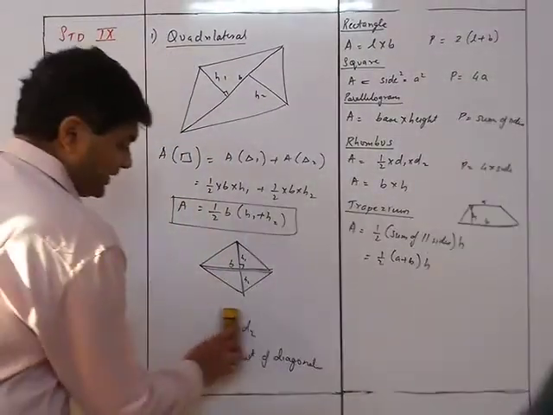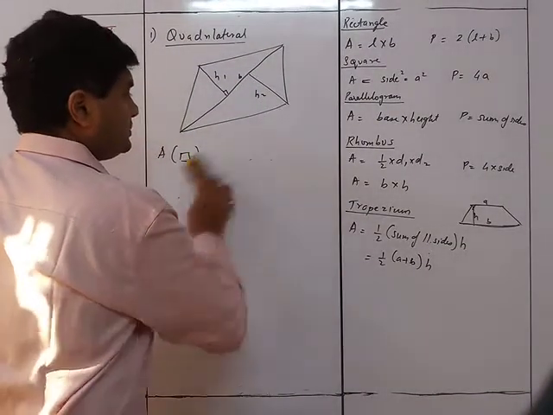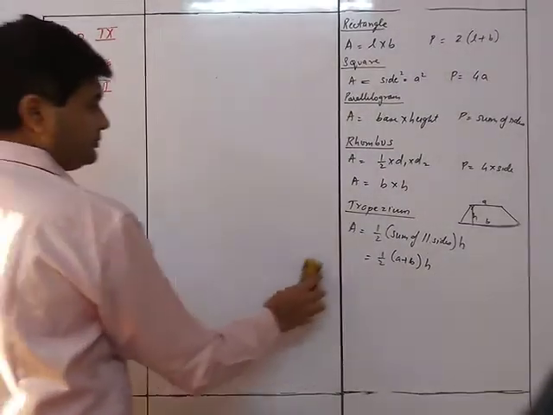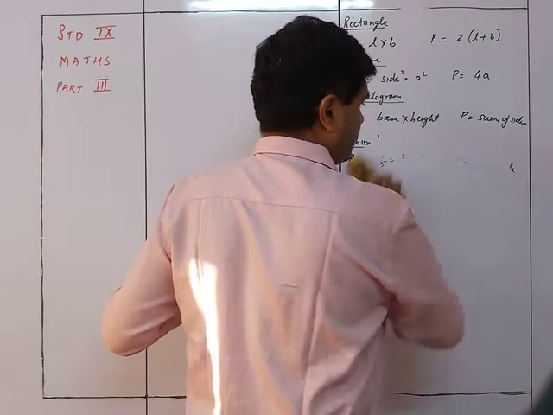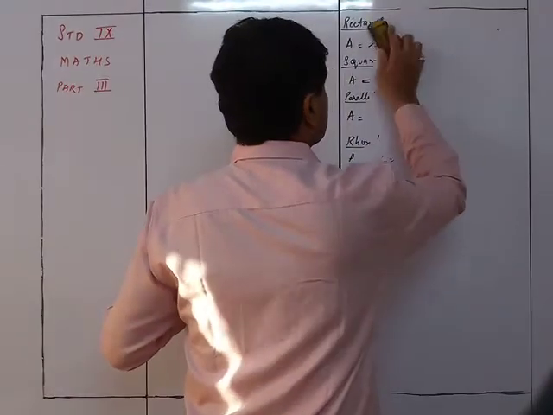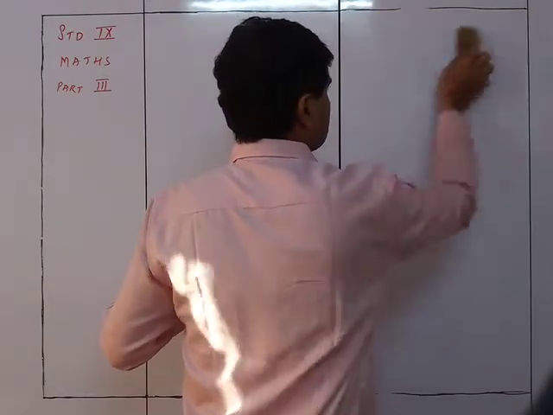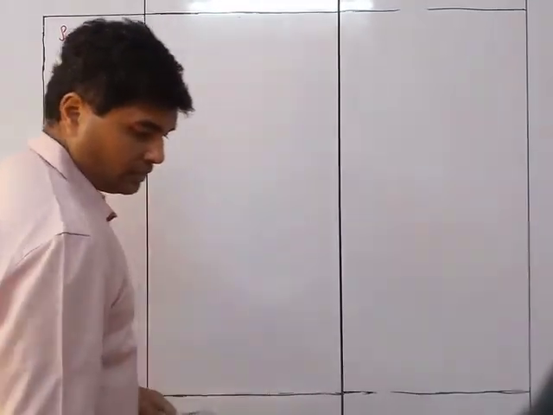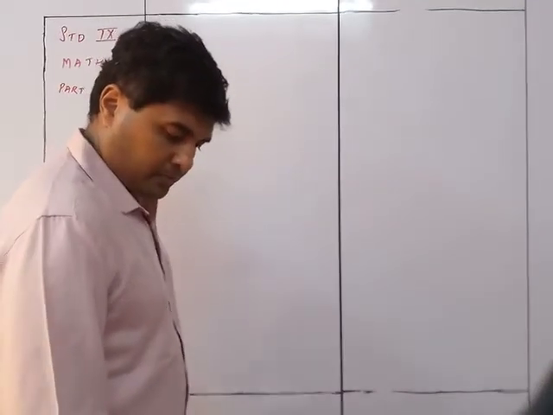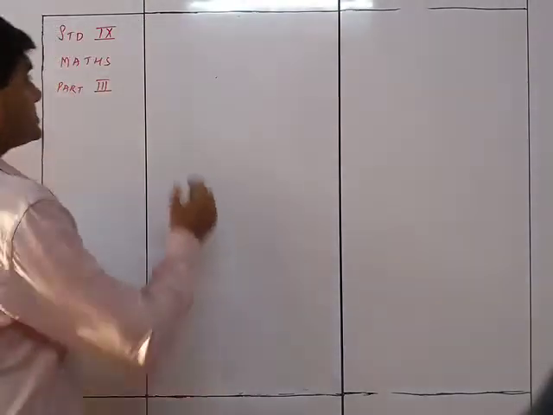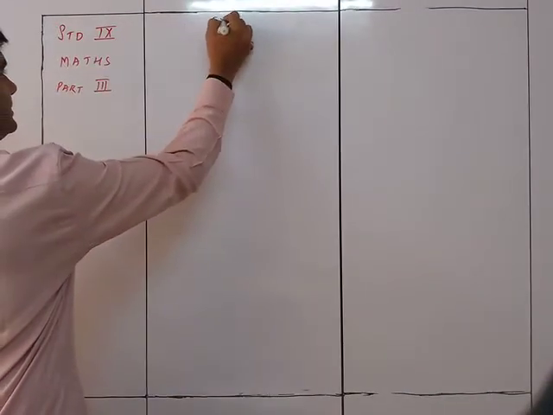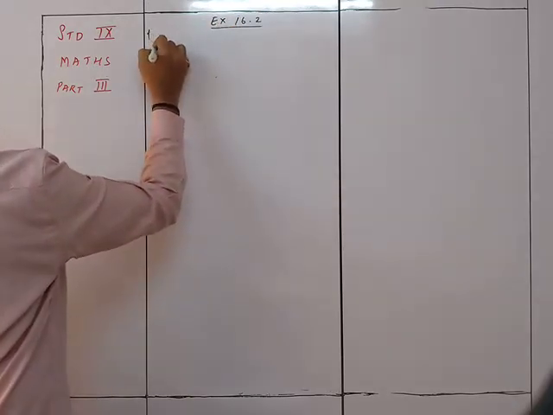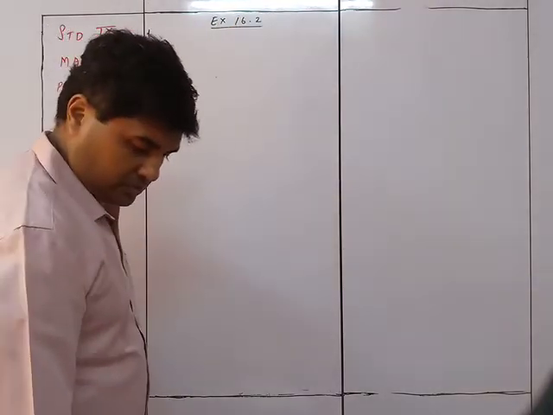We now start with exercise 16.2. We have got two sums in the first sum.